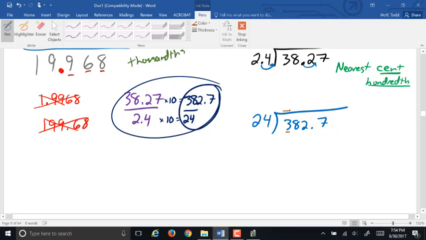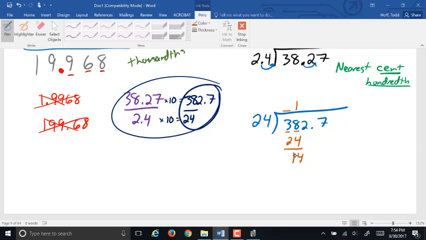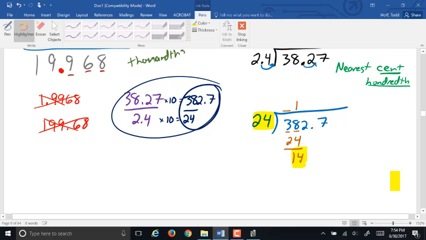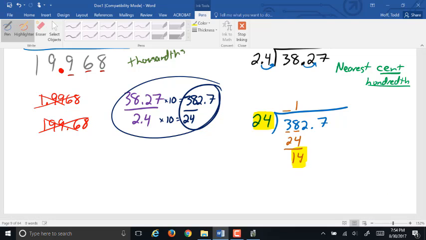No, so I'm going to leave it blank above the 3. Does 24 go into 38? Yes, it's once. So 8 was the last digit I used, the 1 goes above the 8. 1 times 24 is 24. We're going to subtract here. 8 minus 4 is 4, 3 minus 2 is 1. We should always double check to make sure this number that's left over is smaller than what we're dividing by. If it's bigger, then we have to go back and adjust what we just divided.